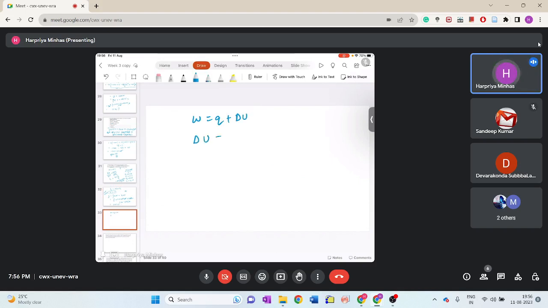So that means del U is equal to minus Q. Is this correct? No, madam, both are same, madam. Delta E is equal to Q plus W, W becomes 0, therefore delta E is equal to Q. Yeah, delta E is equal to Q. Exactly.